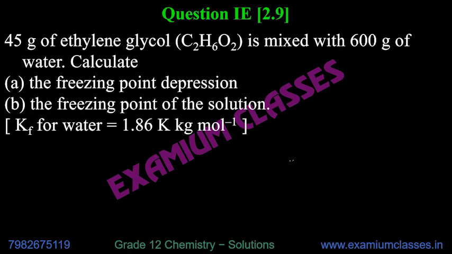I'll tell you. It is written water, Ashi, 600 gram of water. So solvent is water. You know the boiling point of water, or freezing point of water in this case.